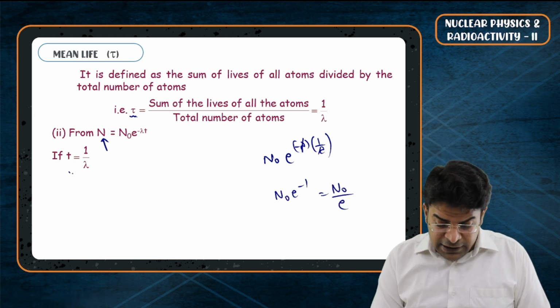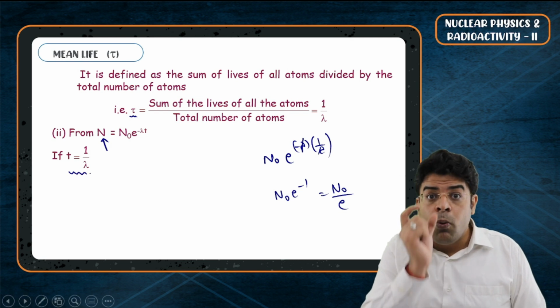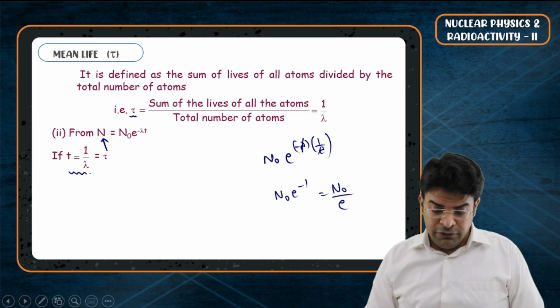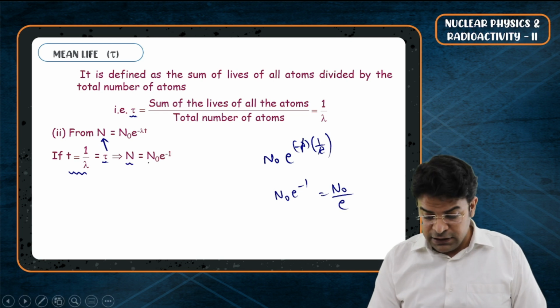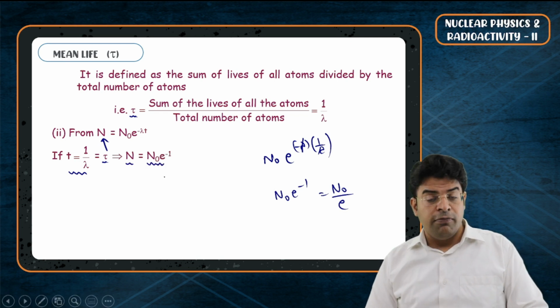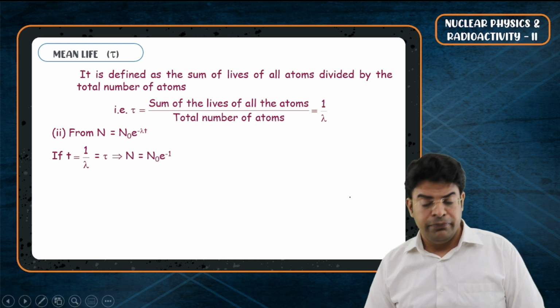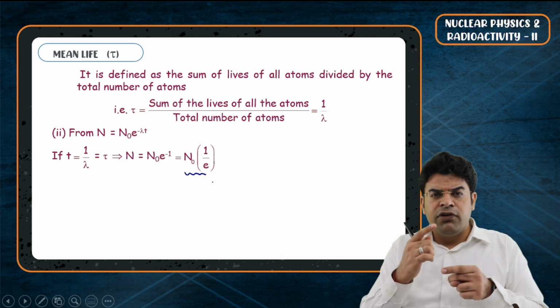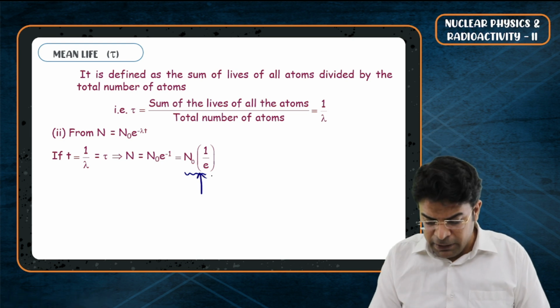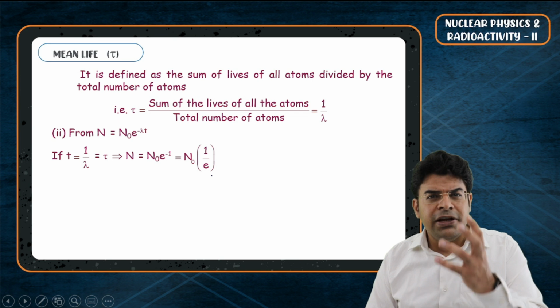So if we take the time equal to 1 mean life, then the number of active nuclei we have is nothing but N naught e raised to the power of minus 1, that is N naught by e. Now once we know that the number of active nuclei after 1 mean life will be N naught by e, what will be its value?